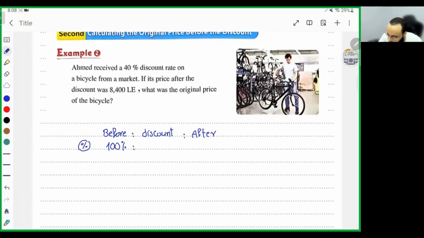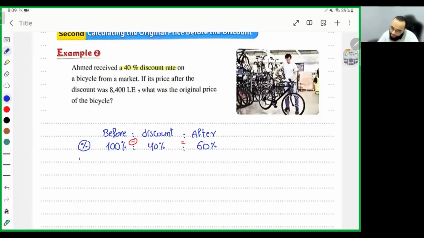He gives you the percentage of the discount rate itself: 40%. Now, could you calculate the after? Subtraction or addition? Now it will be subtraction. 100 minus 40 equals 60.